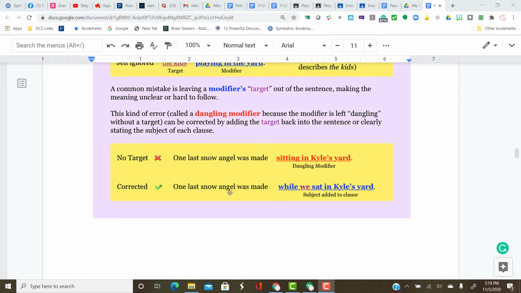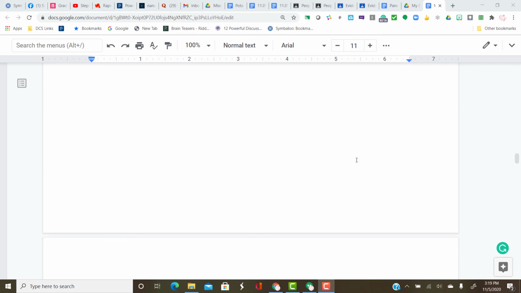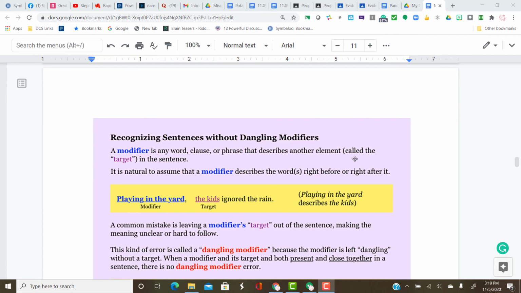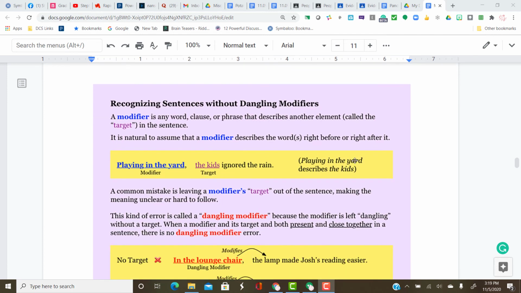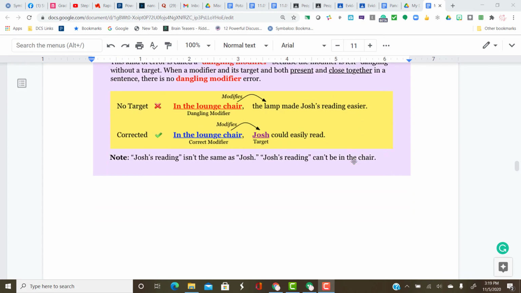So while we sat in the yard, there's not a dangling modifier anymore because you just got rid of the phrase completely. Okay, slide 10. This points out again that when a modifier both has a clear target in the sentence and it is close to that target, it is not a dangling modifier.